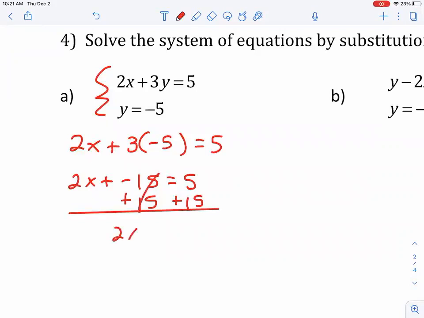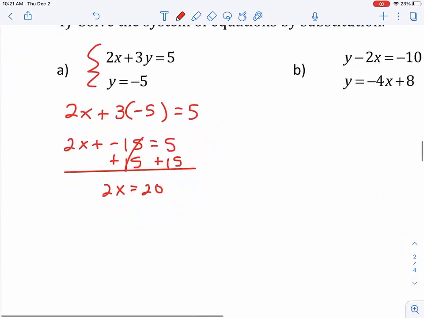And we get 2x is equal to 20. And then I'm going to divide by 2. So x comes out to be 10.